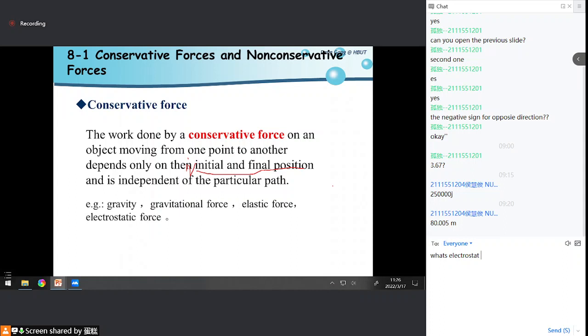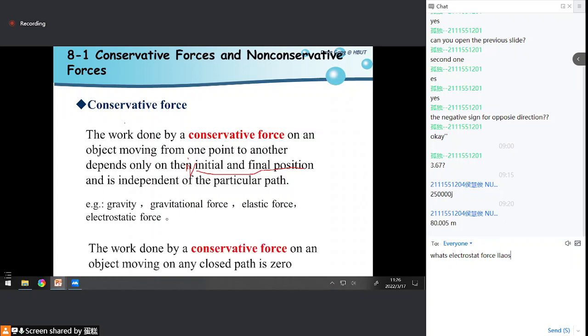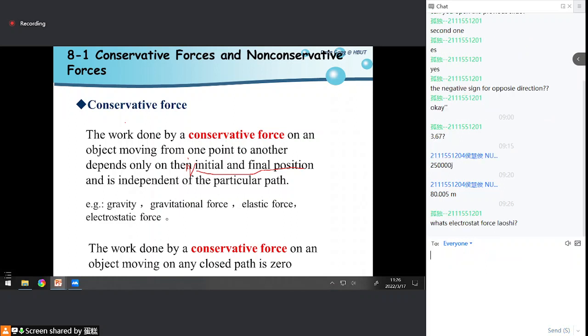And there is the electrostatic force, which we will investigate in the following chapters. And if the force is conservative, then the work done by a conservative force on an object when it moves along a closed path should be zero.